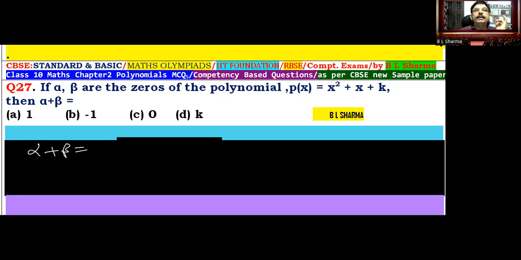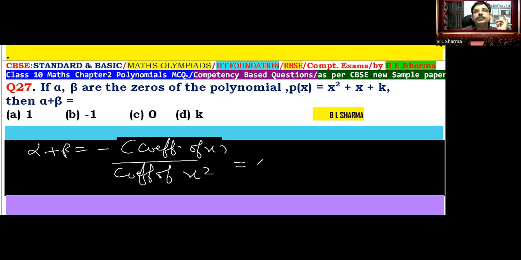It is given by negative of coefficient of x upon coefficient of x square. So negative of, and the coefficient of x is 1, and the coefficient of x square is also 1.